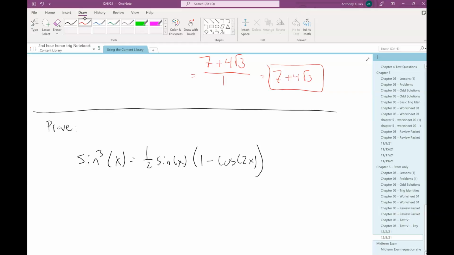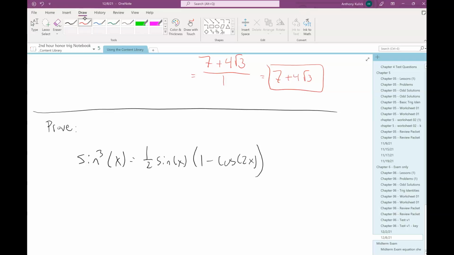So in this chapter, I'm going to say straight away that our usual rule of starting on the more complicated side, I'm going to throw that rule right out the window. Because if we look at most of our identities, they're going to take something simple and make it complicated. That tends to be the route that I think is easier to go. So I look at the sine cubed.